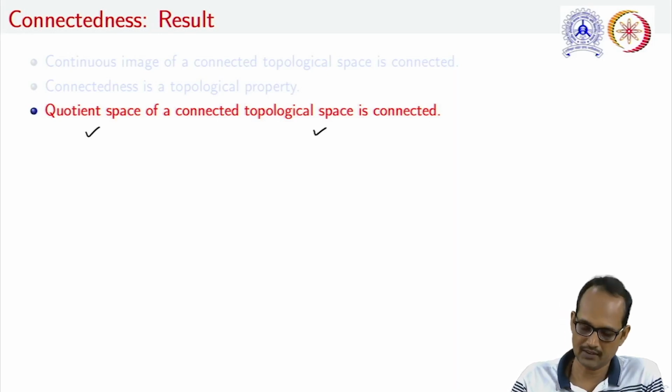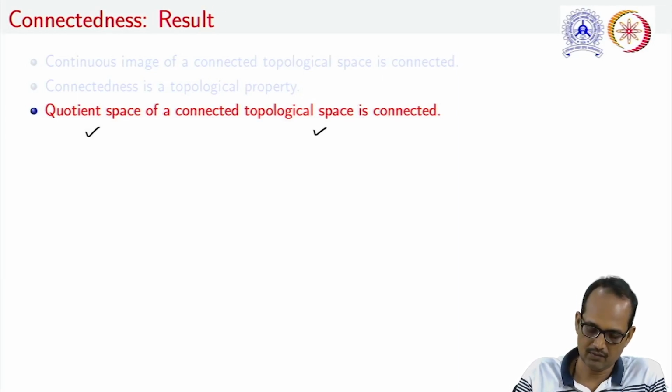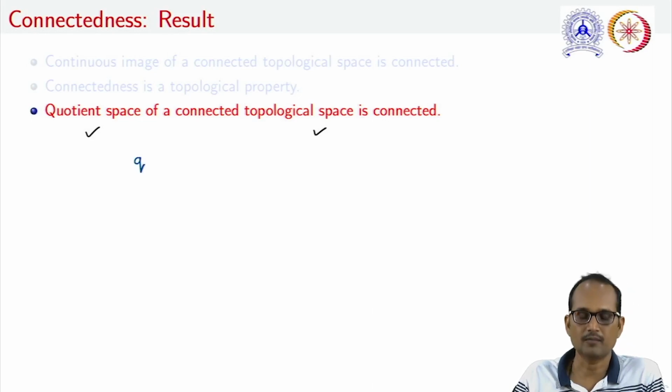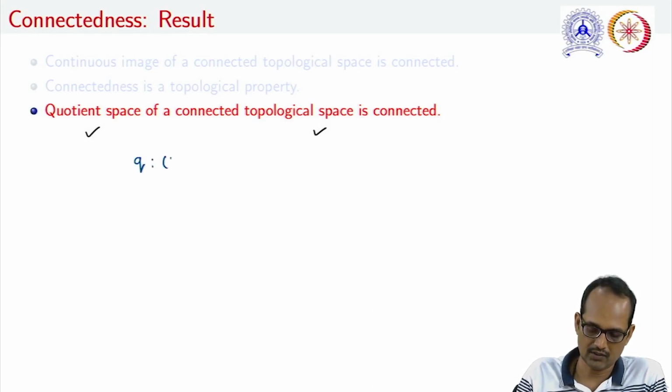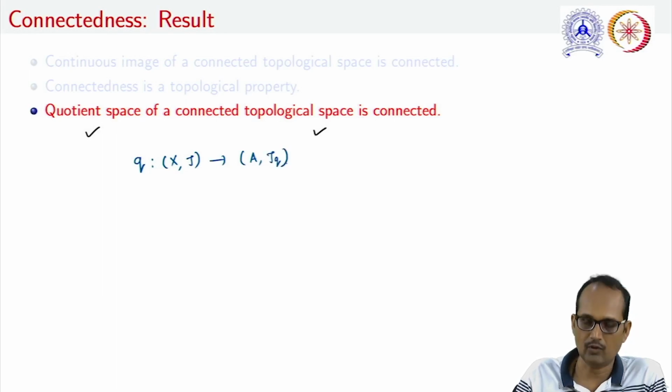Using the above concept, we can justify that the quotient space of a connected topological space is connected. Justification is simple because we are familiar with the concept of a quotient map q. Let us take this map from a topological space (X, τ) to a topological space (A, τ_q), where this τ_q is quotient topology on A. We have already seen that this q is a continuous and surjective function.